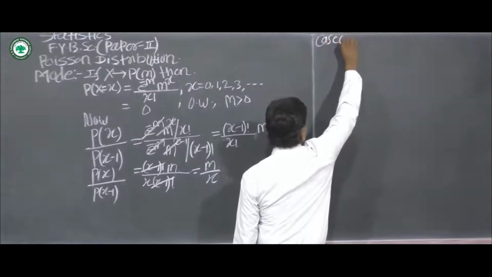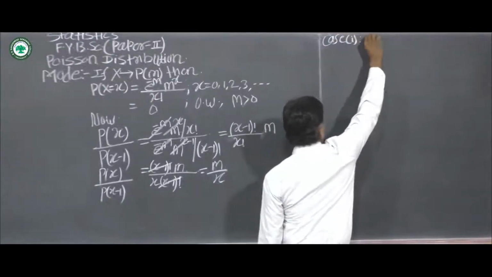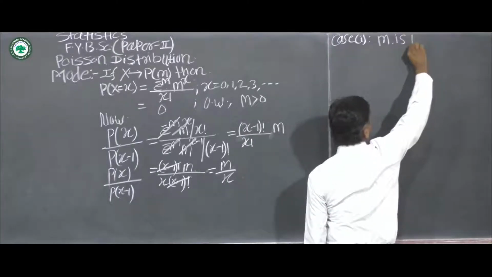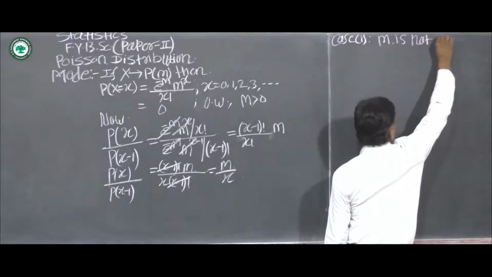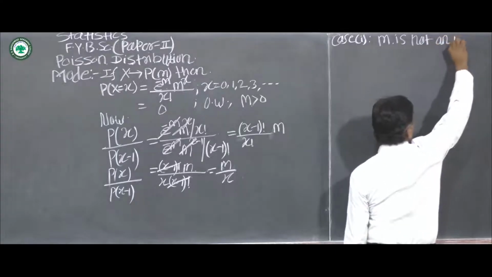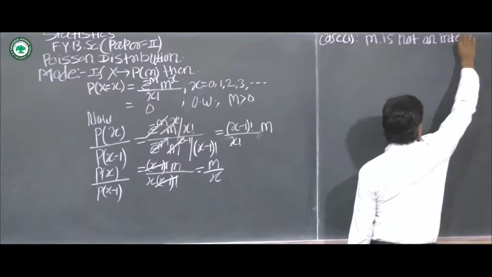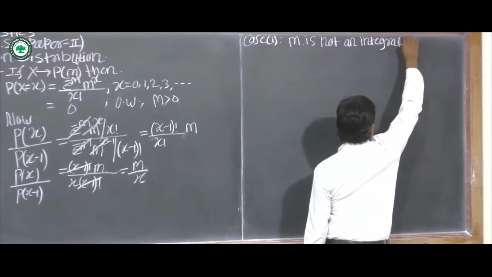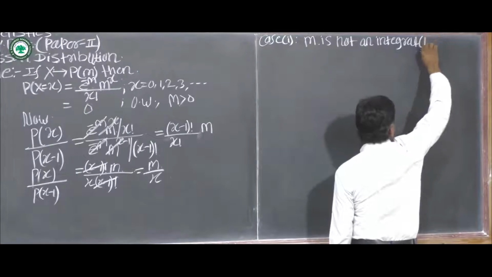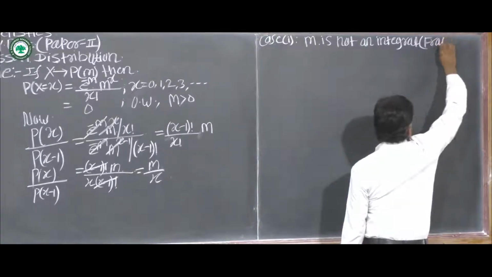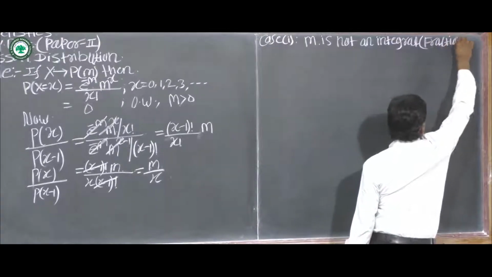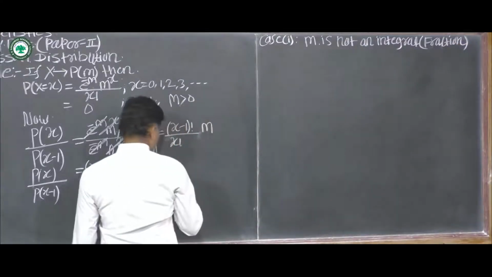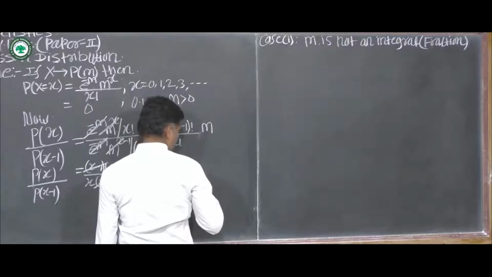Case 1: m is not an integer, that is m is a fraction. Suppose this is equation number 1.